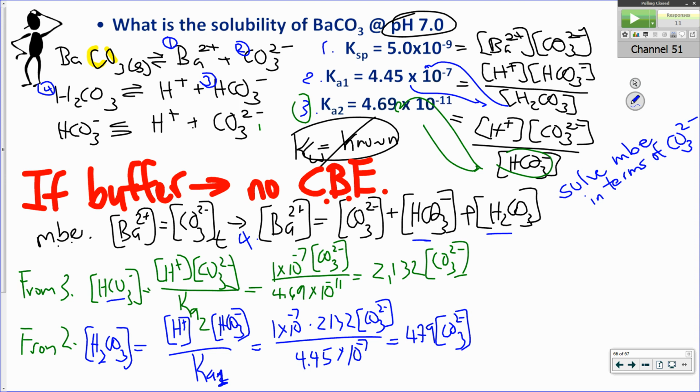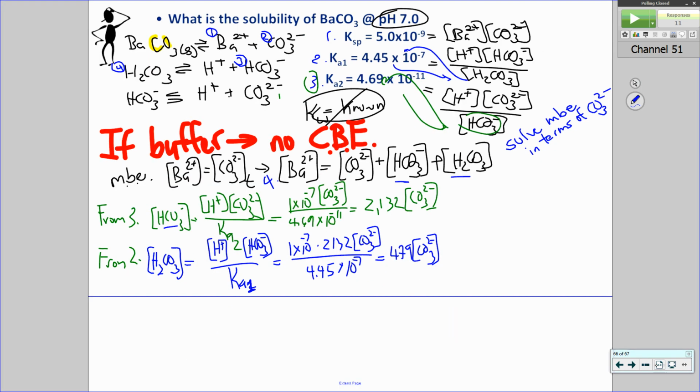Okay. So now I'm going to extend the page down a little bit, and I'm going to plug these into the mass balance equation. When I say these, both of these are just solved for.